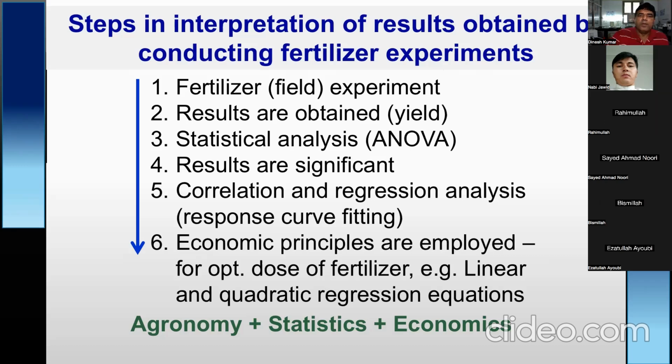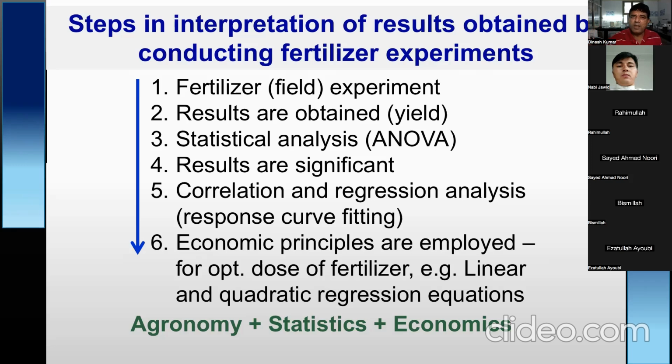Okay, no problem. So you see, now you understand that different sources of variation are partitioned into different components. For example, one source of variation could be replication, because you record data from different replications: first replication, second replication, third replication.